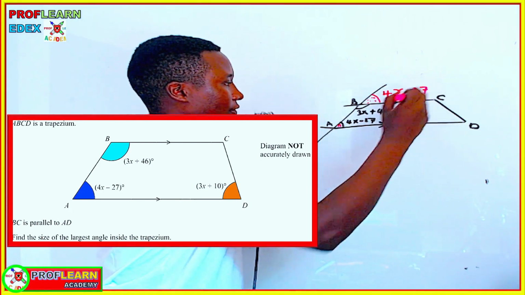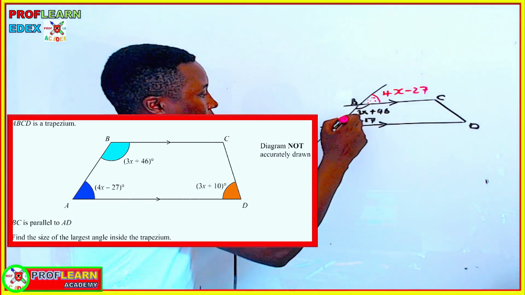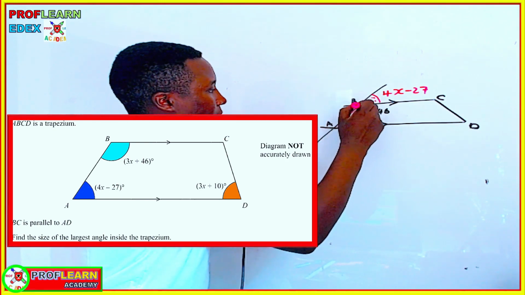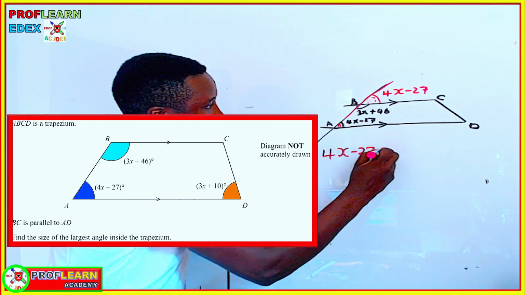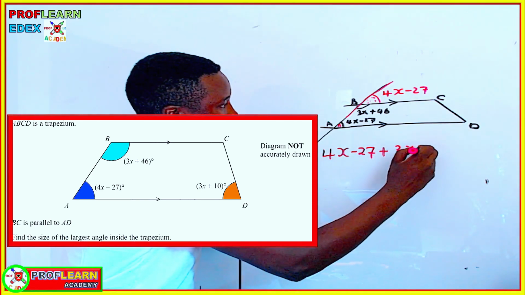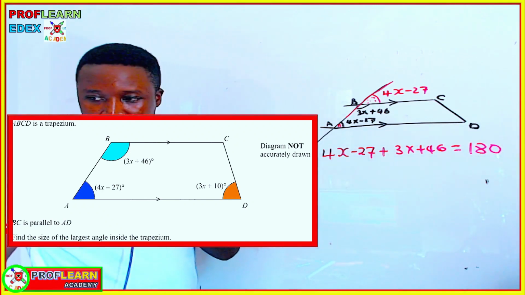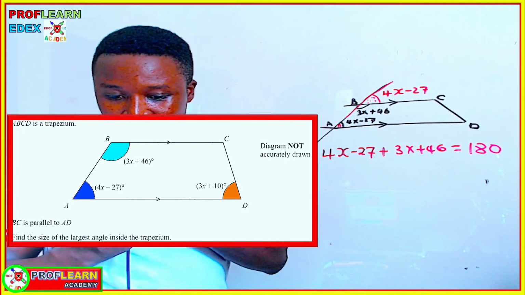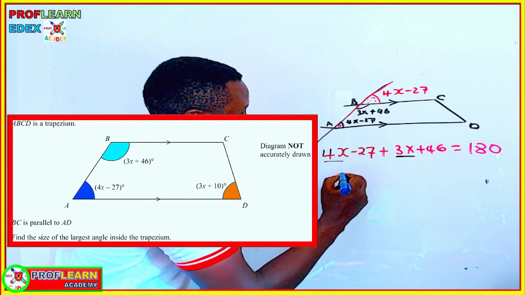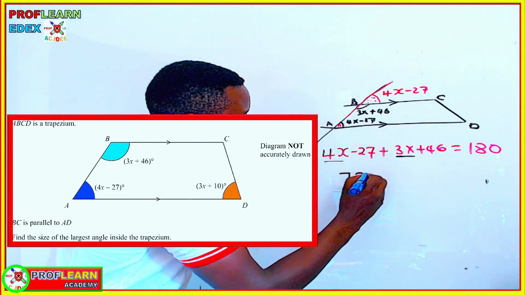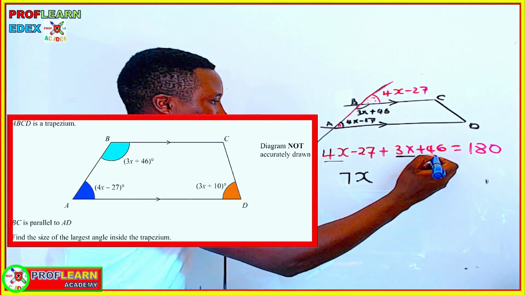In order to work this out, because this is going to form a straight line here, we say 4x minus 27 plus 3x plus 46 is equal to 180. Having formed such an equation, 4x plus 3x gives us 7x, and then minus 27 plus 46.